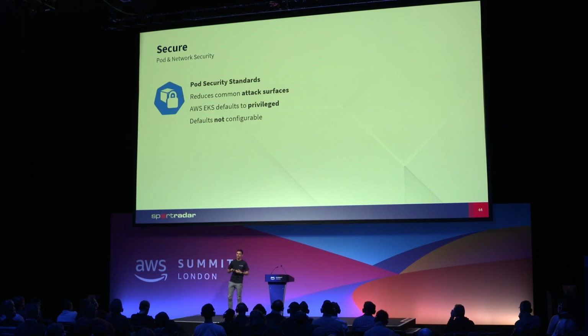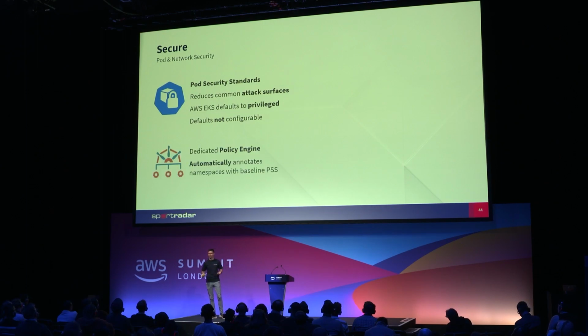And since security standards are a control plane concern, there's really no way for you to configure the defaults there. But we scanned the CNCF landscape and decided to adopt a dedicated policy engine for that, which just helps us automatically annotate any new namespaces with a baseline profile.